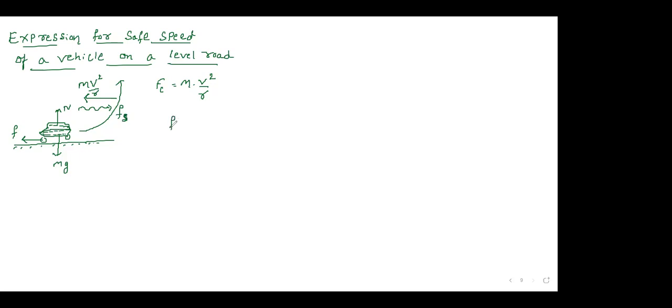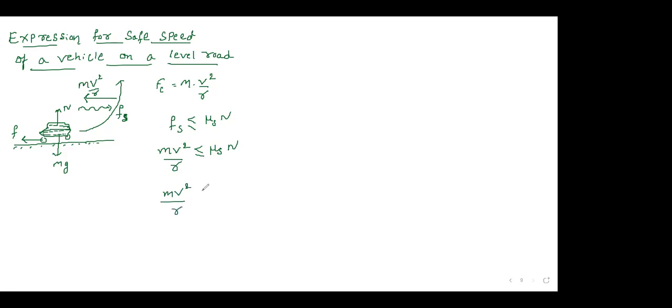So this frictional force Fs must be less than or equal to mu s into N. This should balance mv squared by R, which is less than or equal to mu s into N. What is the normal reaction formula?